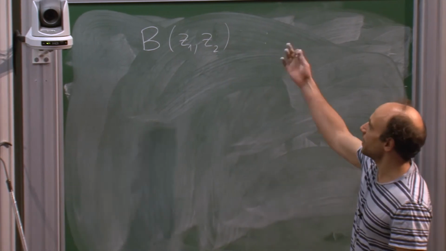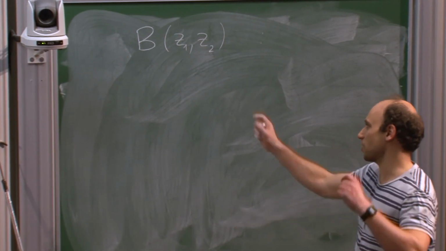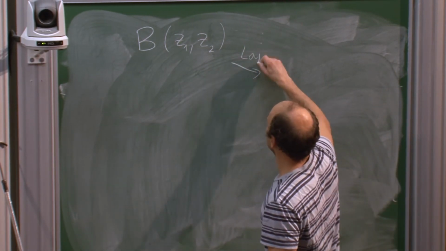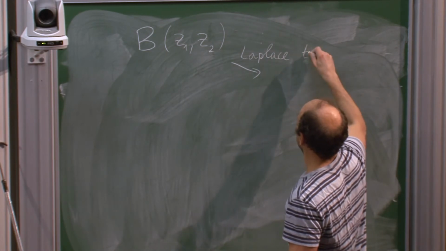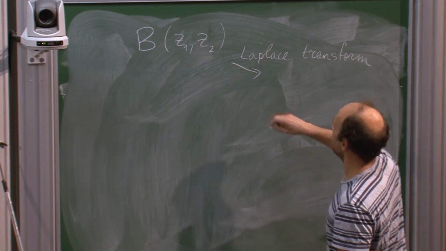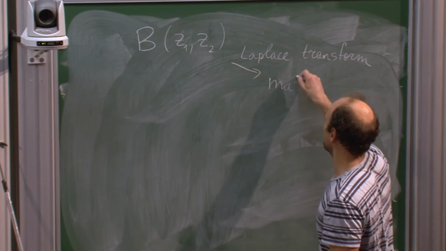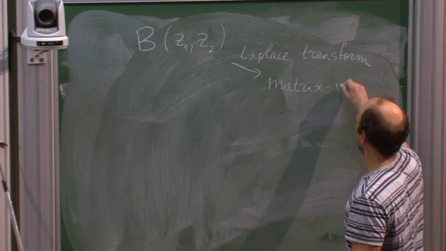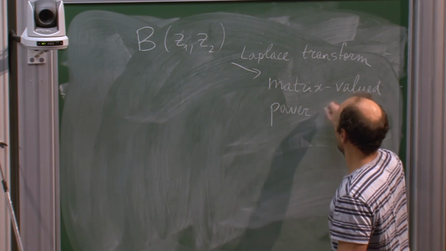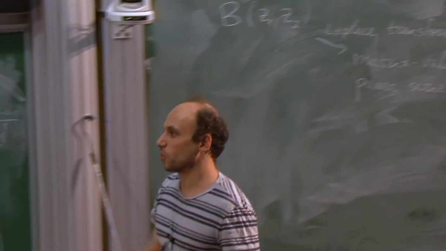And then you should take its power series expansions at the critical points and take the Laplace transform, and that gives you this matrix valued power series. That classifies cohomological field theories.